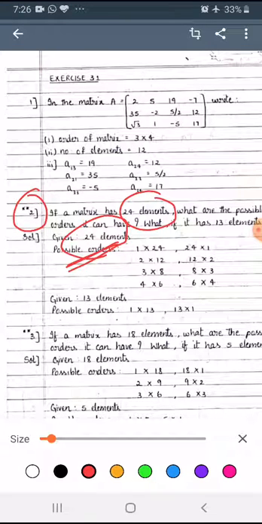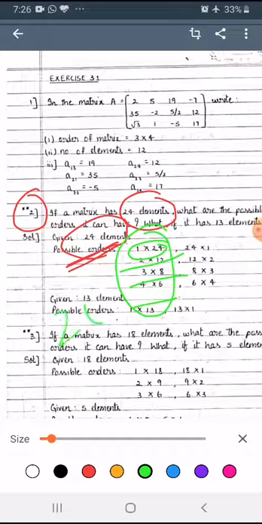What are the possible orders here? Already we know the table. So 24, how will we get it? So 1 into 24 means 1 row, 24 columns. It is possible. What are the possibilities of constructing a matrix of 24 elements? Next is 2 into 12, 3 into 8, 4 into 6. All of them become 24 elements.